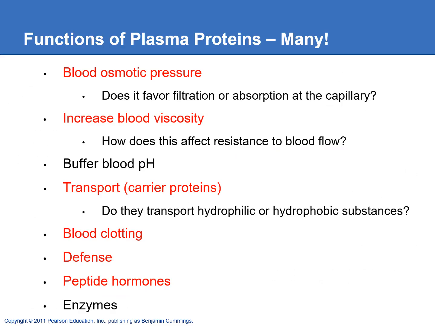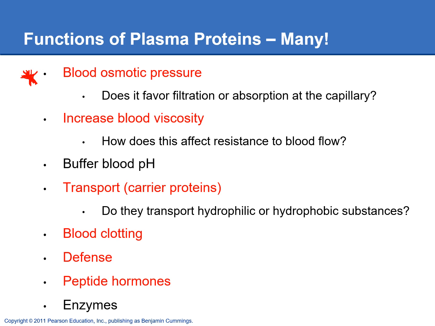The plasma proteins have a lot of different functions. One of their important functions is they create osmotic pressure in the blood. I remember we talked about that before when we talked about exchange at the capillaries. So remember in the capillaries, we had osmotic pressure from the proteins in the blood. And remember that's going to attract water by osmosis because water likes to follow the solutes.